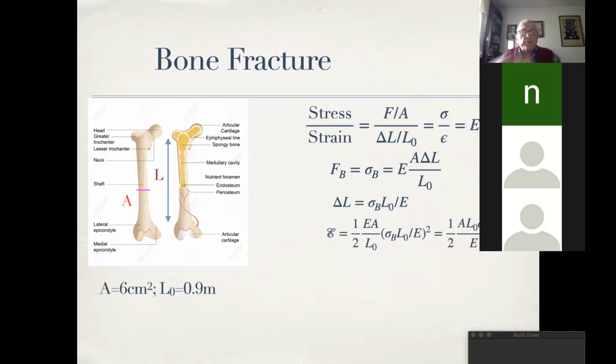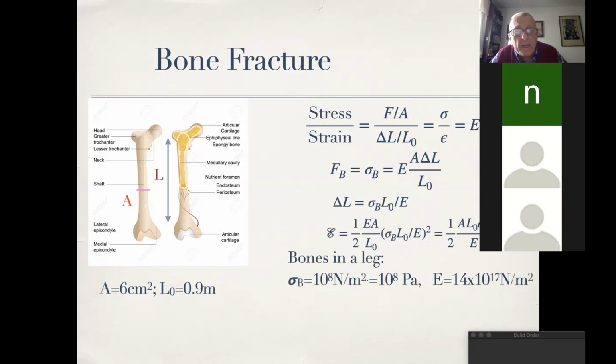So the energy which is stored in my bone when the stress is applied to it turns out to be very simple, and it is the area times length, that is what? That's the volume of the bone, divided by the Young modulus and times the square of the stress at which the bone cracks.